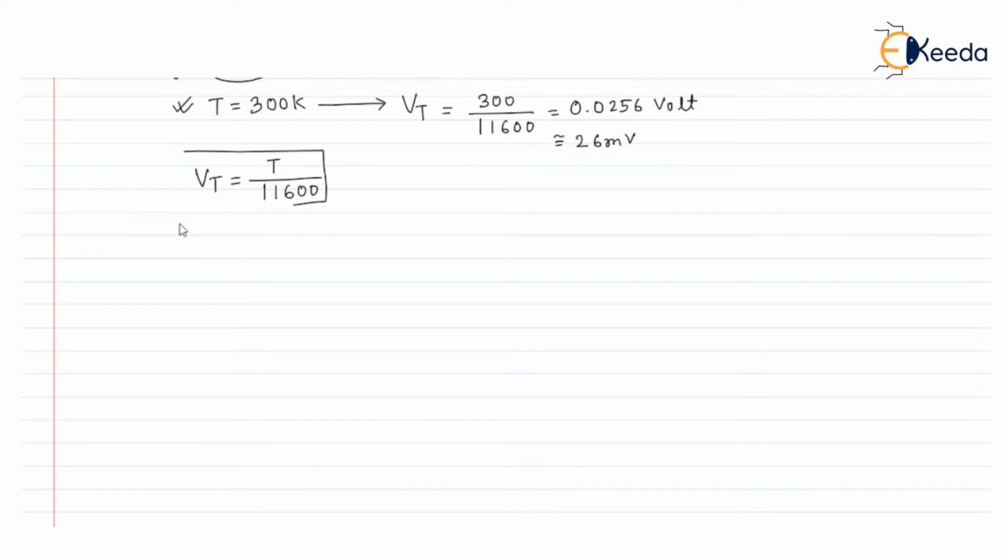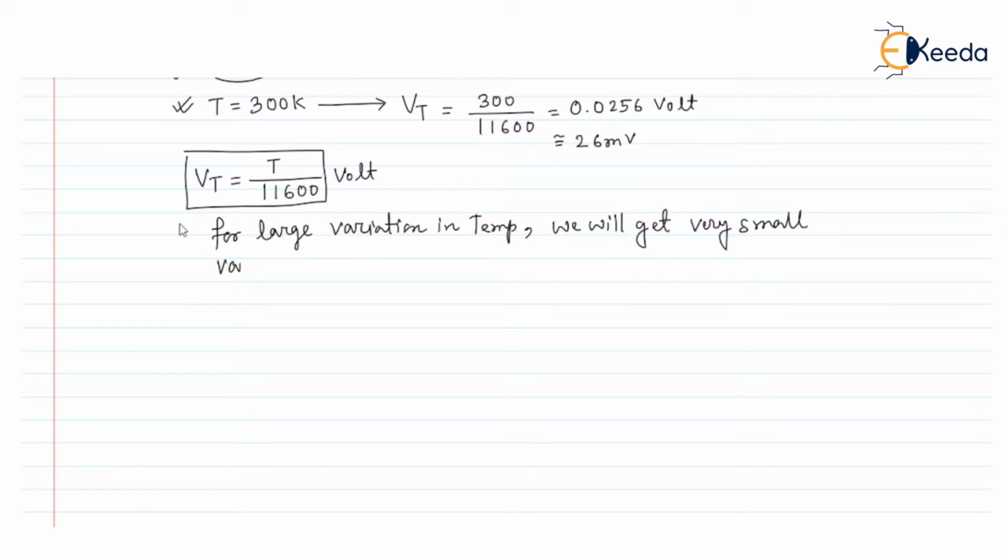So from this equation, we can see that for a large variation in temperature, we will get a very small variation in thermal voltage, because capital T is divided by a large number, that is 11600, and this 11600 is a very huge number.